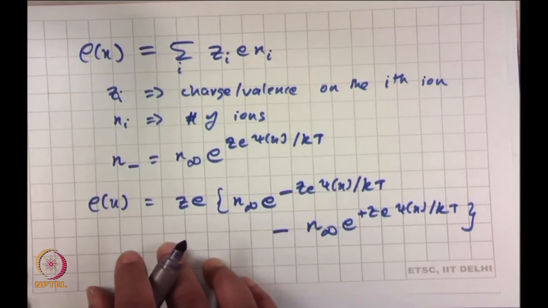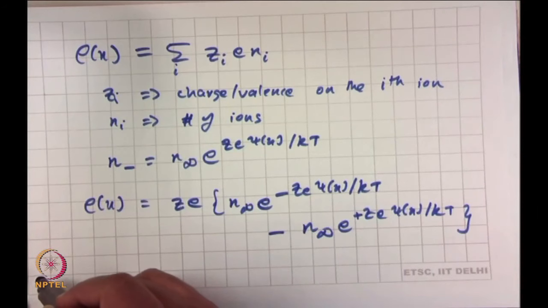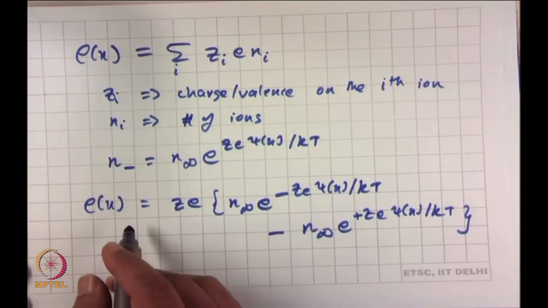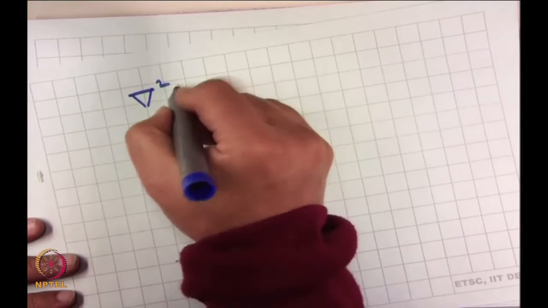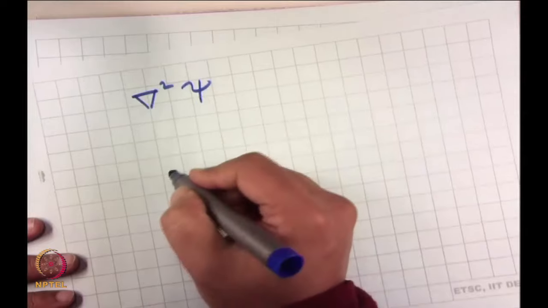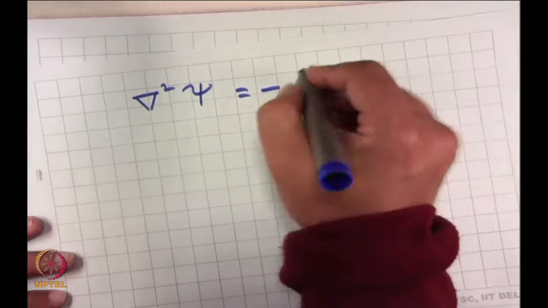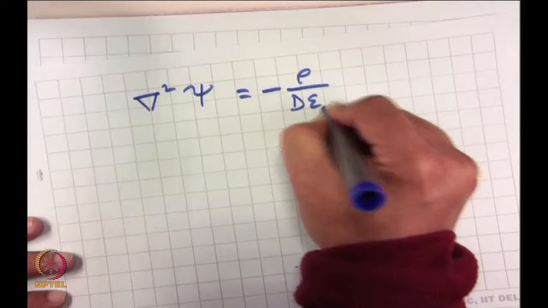But how do I relate it to something more fundamental? Remember when we started, we said it was a Poisson-Boltzmann equation. We have looked at the Boltzmann equation, but where does the Poisson come from? I will not show the derivation, just take it from me. The Poisson equation is: del square psi, where psi is the electrostatic potential, is equal to minus rho over D epsilon 0.